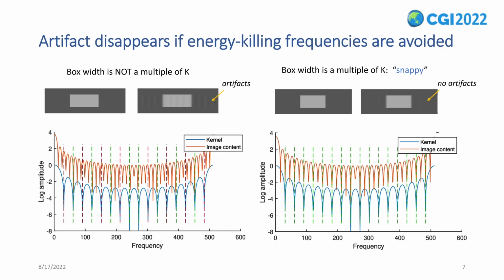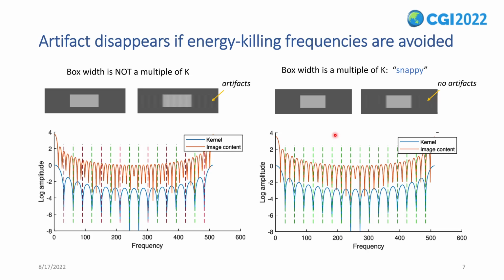However, we found some images that are artifact-free when undergoing pre-filtering and then blurring, and they share the property that the foreground width is an integral multiple of the kernel size.